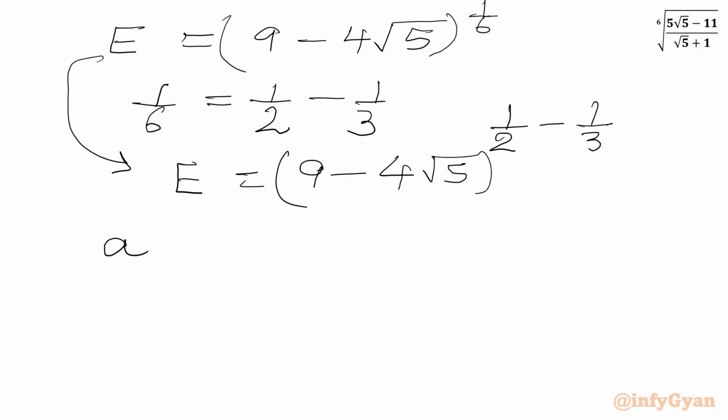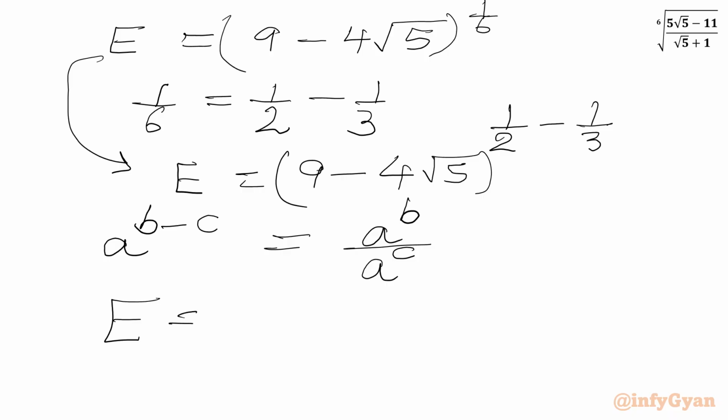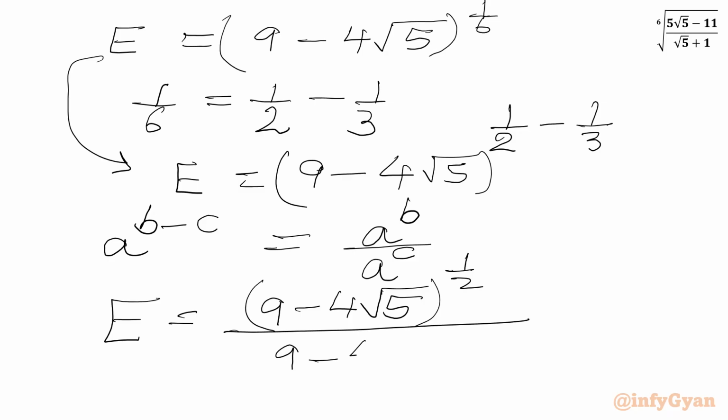Now we know the exponent law: a power (b minus c) can be written as a power b over a power c. So I can write our expression. This will be (9 minus 4 root 5) with power half over (9 minus 4 root 5) with power 1/3.